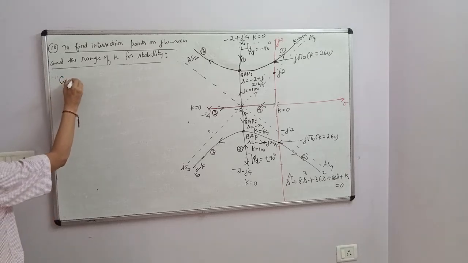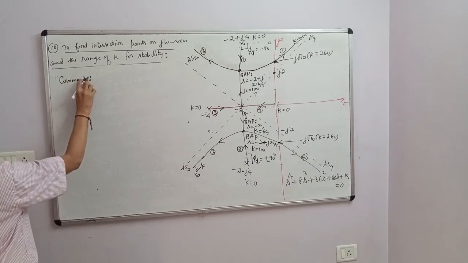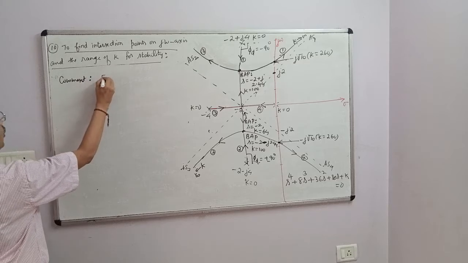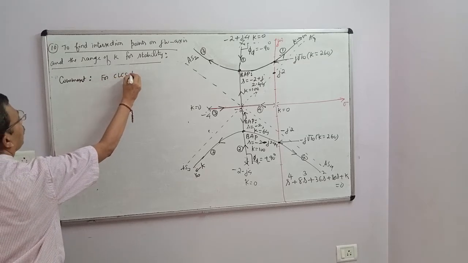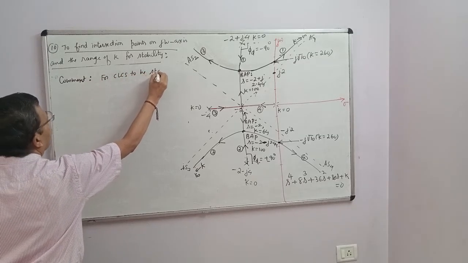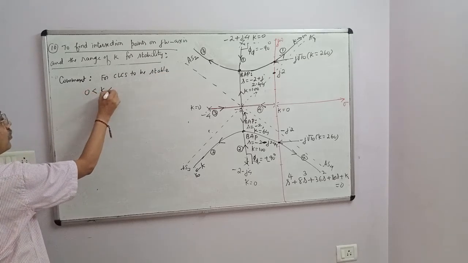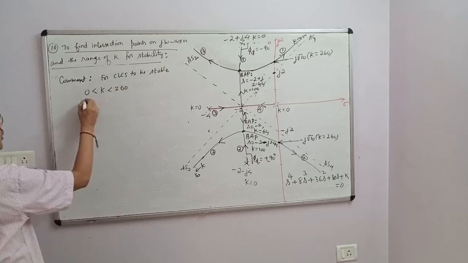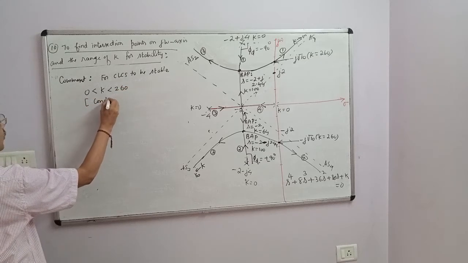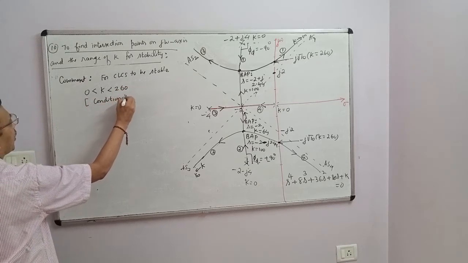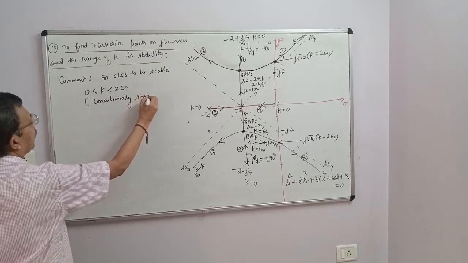Comment: for the closed loop control system to be stable, k should be greater than 0 and less than 260. Conditionally stable system.